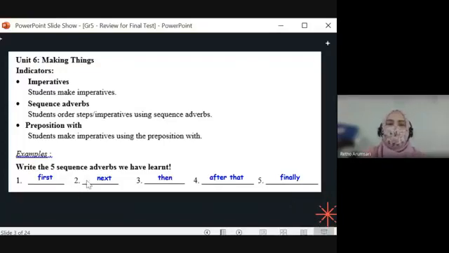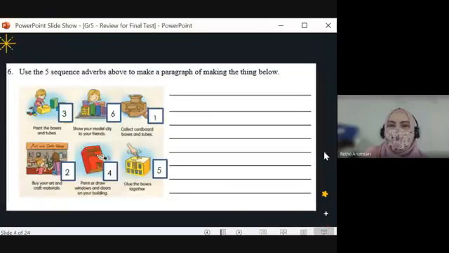But from the second step until the step before the last step, you can choose either next, then, or after that. Right, 5C? Any questions about this?